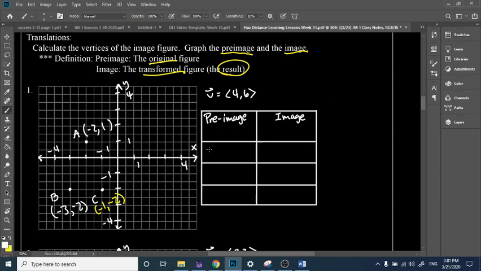Okay, so let's write our points here. Actually, what will be helpful is also to just write down the names of the coordinates also.